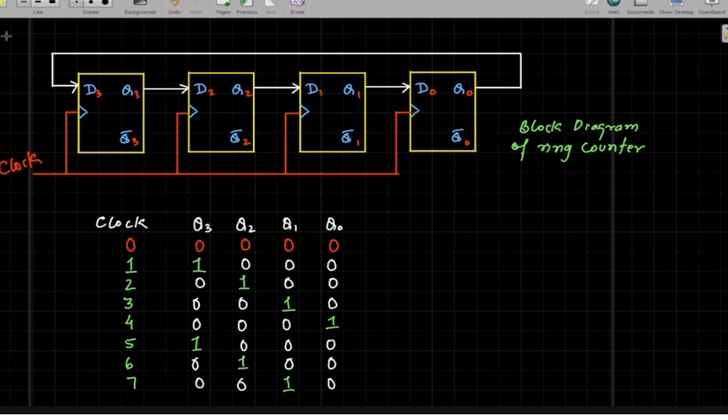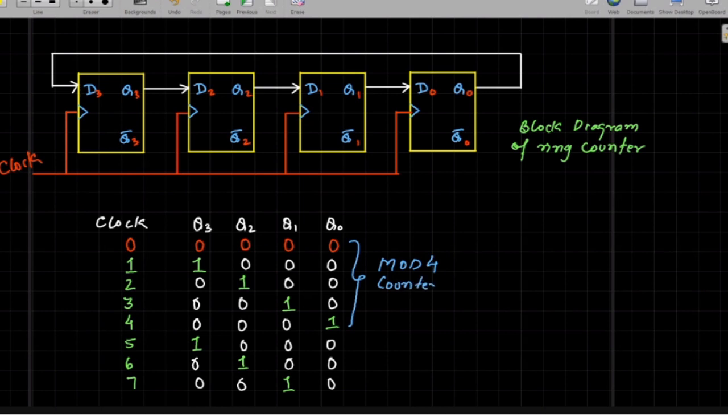Hence, that's why you can say that this counter counts up to only 4 states. So we can also call this kind of counter a mod 4 counter. This is a very, very important question.